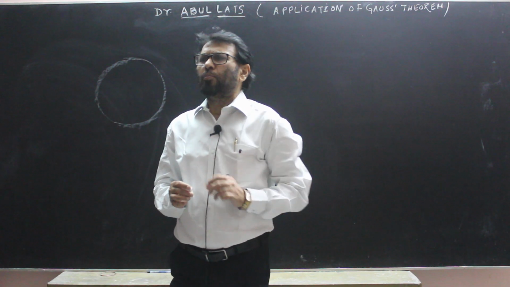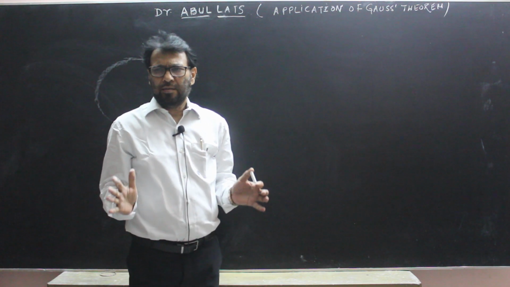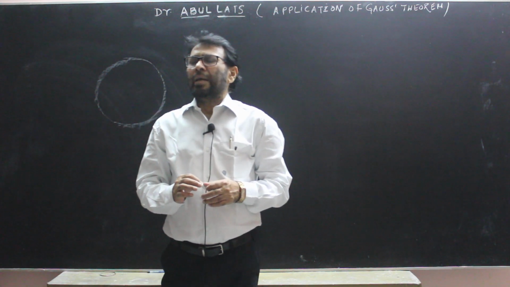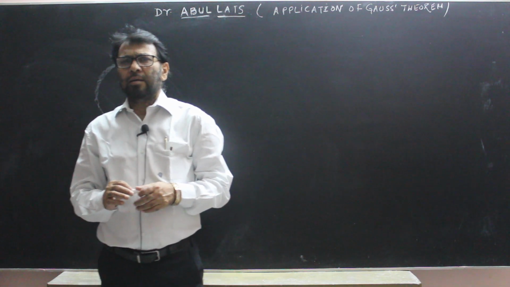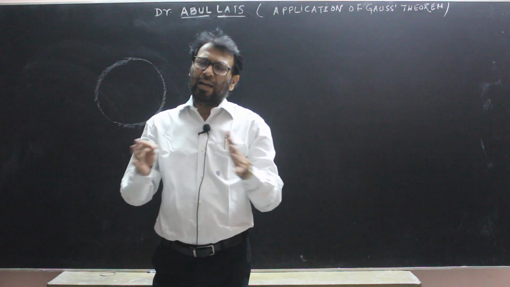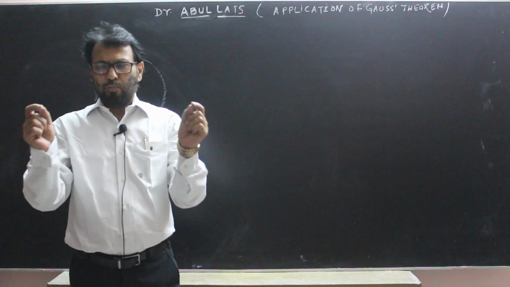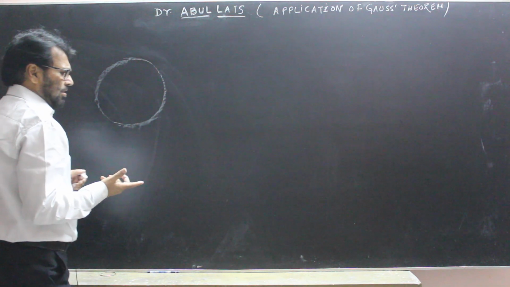At each and every point of the conductor, the value of electric field is of course 0. Inside the conductor the value of electric field is 0, and each and every point of the conductor is at same potential. There is no potential difference between 2 points on the conductor. Why?